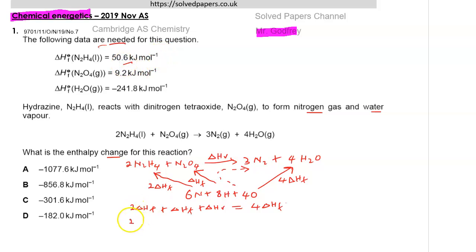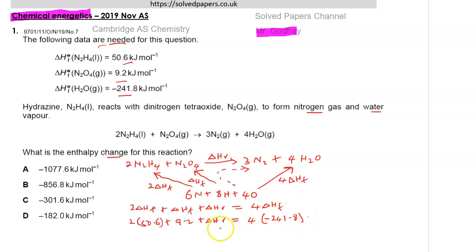So it is going to be 2 times 50.6, plus the enthalpy of formation of dinitrogen tetroxide, which is 9.2 kilojoules right there, plus the enthalpy change of reaction, which you're supposed to be finding, equals 4 times the enthalpy of formation of water, which is minus 241.8.